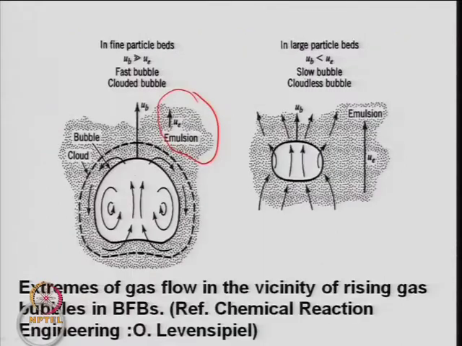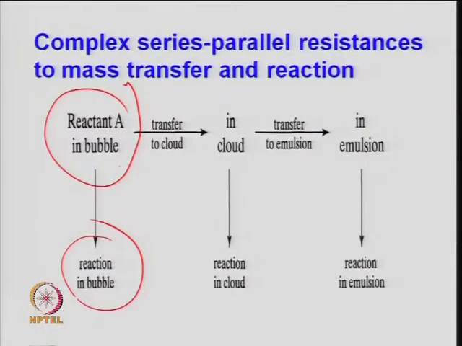So, there is some solid here, there will be a reaction and the rest will transfer to the cloud phase. Again in the cloud phase we will have some reaction, and then what is not reacted will transfer to the emulsion phase, and finally, in the emulsion phase there will be nothing to transfer. So, whatever is there will react in the emulsion phase.